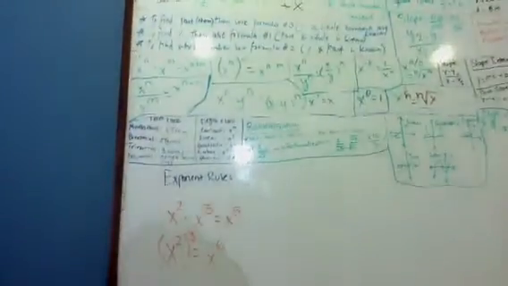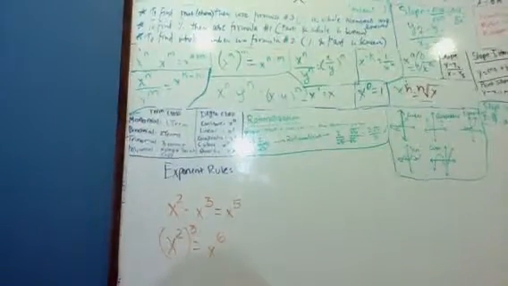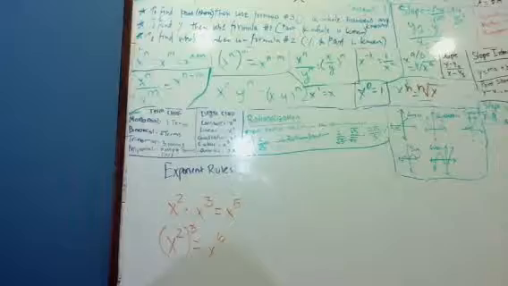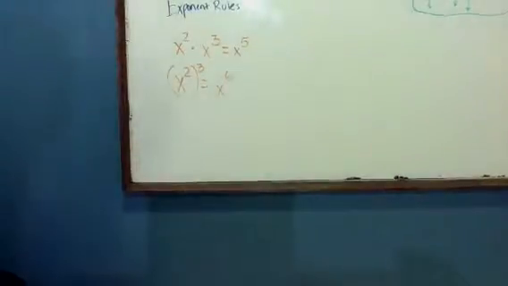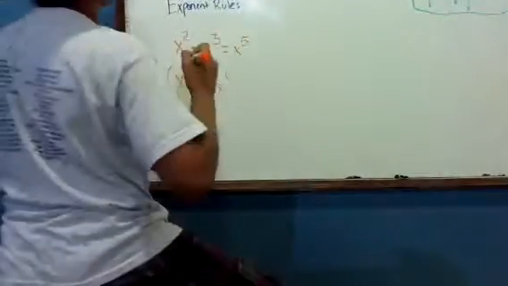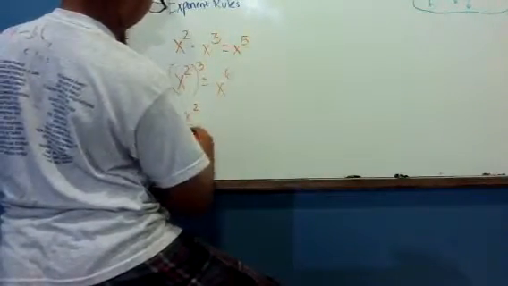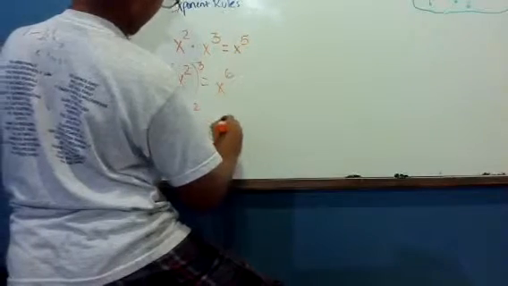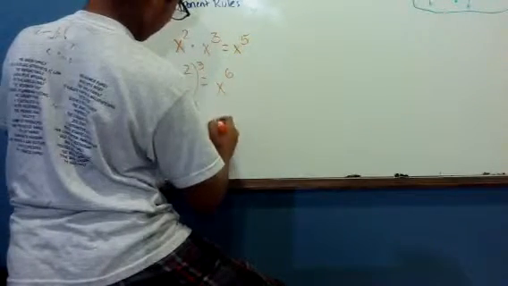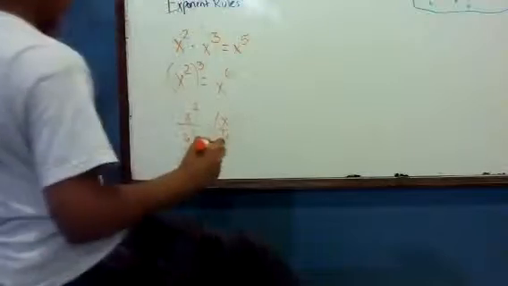Okay, x to the power of n over y to the power of n is the same thing as x over y to the power of n. So x squared over y squared is the same thing as x over y squared.